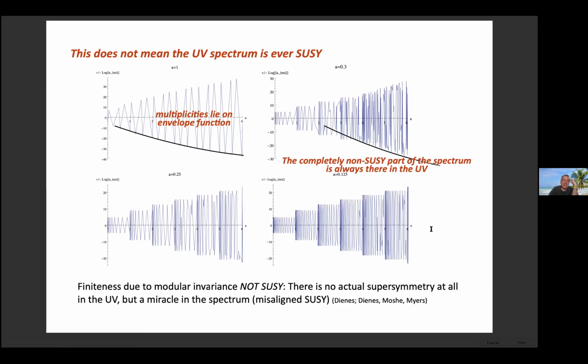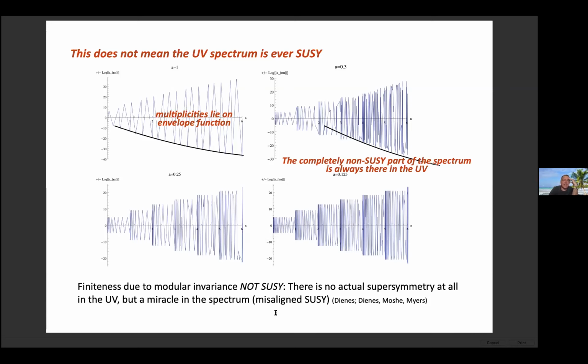The larger the radius gets, the more it goes over to the right here, but it will be there at some point. You can't get rid of that ever. This is the strange thing that happens when I break supersymmetry with Scherk-Schwarz, and probably at all: the spectrum will not be supersymmetric all the way up. It's only really in the effective theory that it looks supersymmetric, but really there's no supersymmetry in the UV.